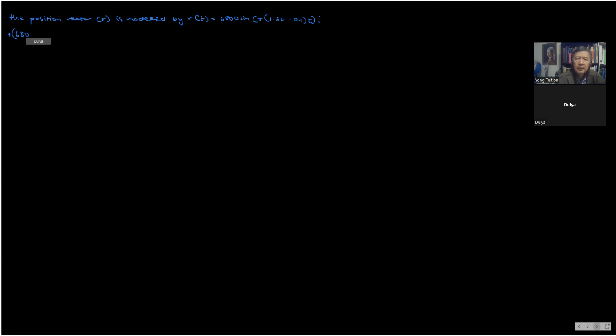It's trigonometry or complex number. The position is modeled by this sine. Oh, it's just a trigonometry model or not?